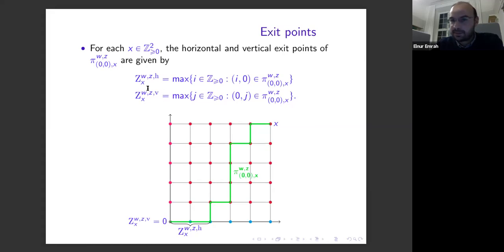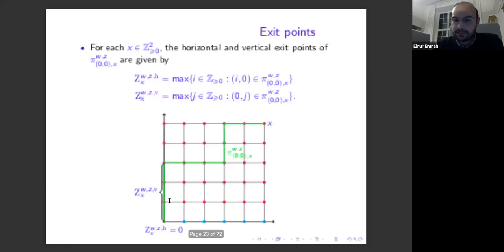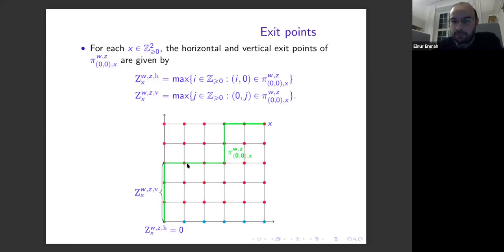Similarly, the vertical exit point is the number of vertices it visits on the vertical axis before entering the bulk. So for any realization of the weights, exactly one of these quantities is zero. But which one depends on the realization of the weights.